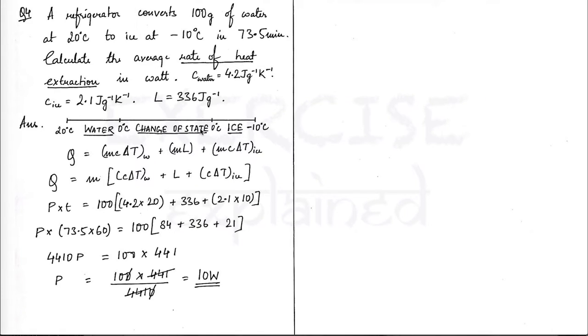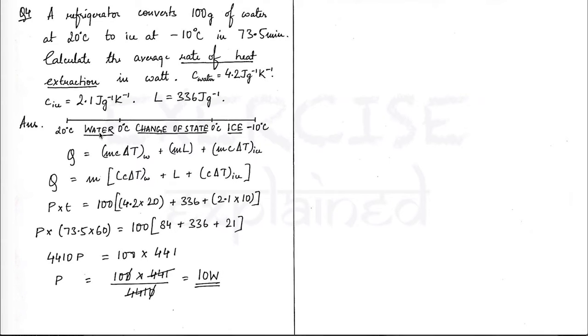So I have drawn a simple diagram which shows you what is happening here. Water at 20 degrees is getting cooled to water at 0 degrees. Then there is change of state, and then there is ice at 0 degrees, which is again getting further cooled down to minus 10 degrees. So for the first part, there is only change in temperature.